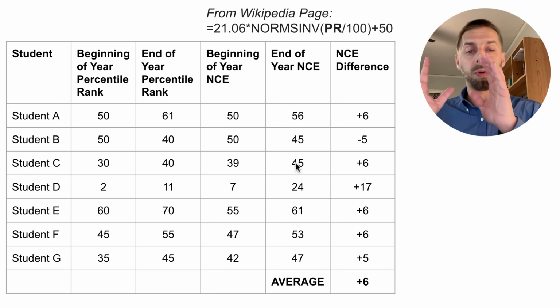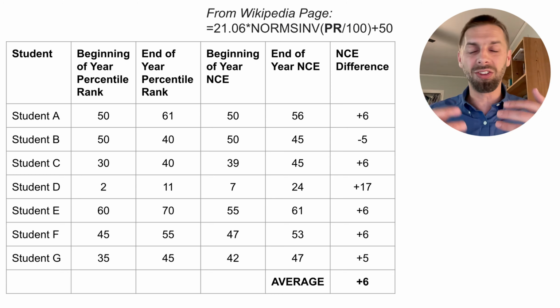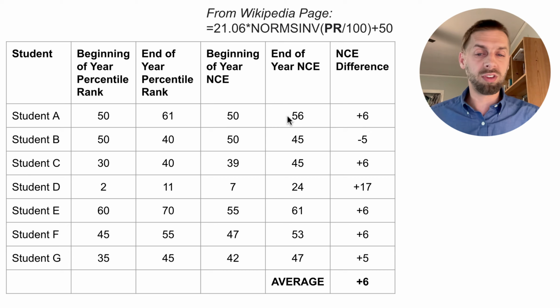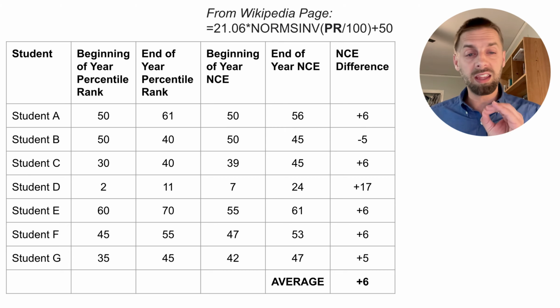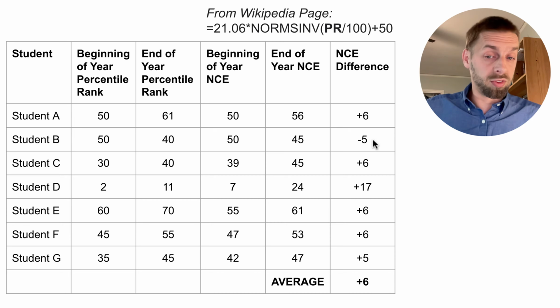Now I've got all of my percentile ranks transformed into NCEs, and now it's statistically legal for you to do math. Let's subtract. 56th at the end of the year, 50th at the beginning of the year, subtract them, and student A grew 6 NCEs faster than typical growth over that time. Cool. All right. Now student B fell backwards a little bit, so that happens. Student C grew. Student D grew by 17 NCEs.